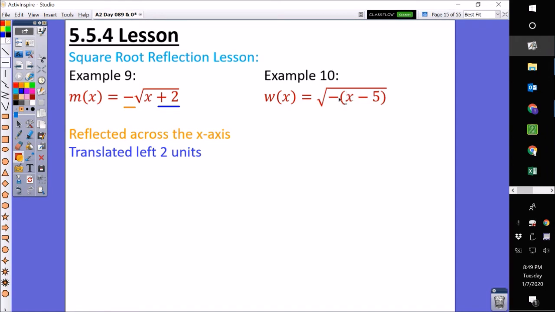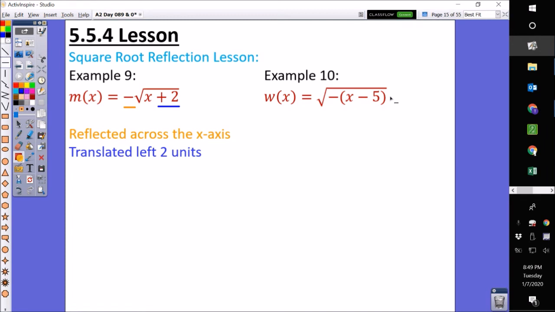Hence, we have a set of parentheses inside, because we don't want this negative sign to mess with the minus 5. If it does, it could change it into a positive 5, and therefore we won't get the right transformation. So we want to keep the minus 5 intact, so that you can properly identify the correct transformation.